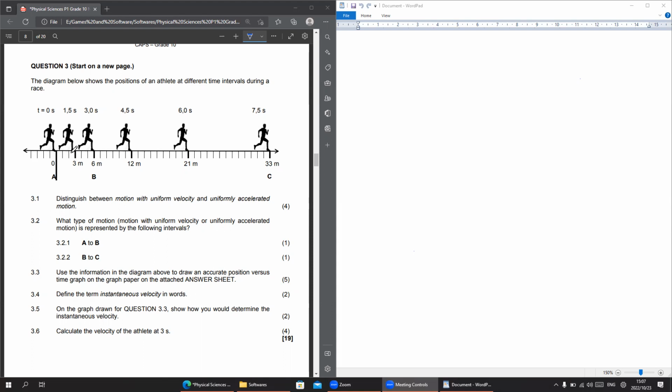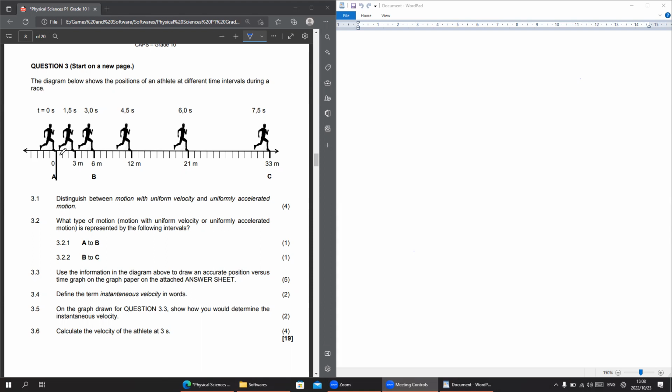So on your first minute, you ran 30 meters. On your second minute, 30 meters. Third minute, 30 meters. So the distance that you cover in every time interval is going to be the same. Do you understand that? Yes, sir.